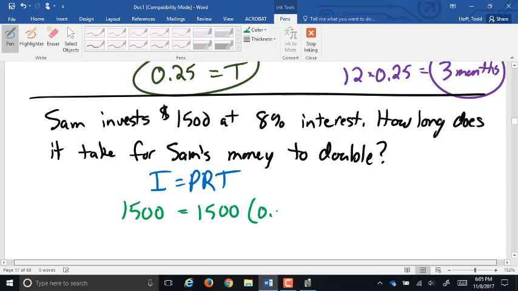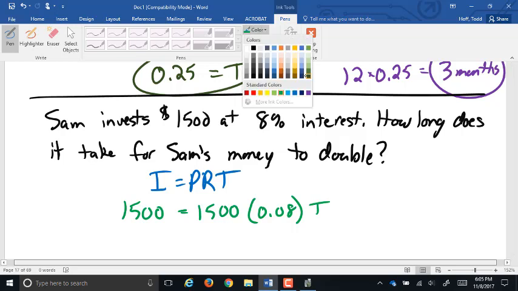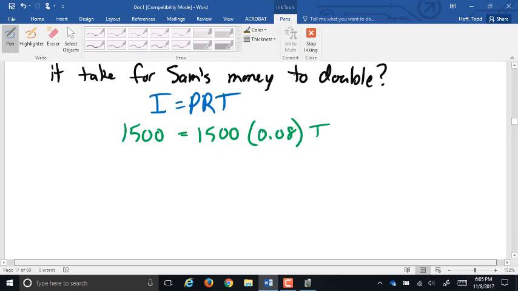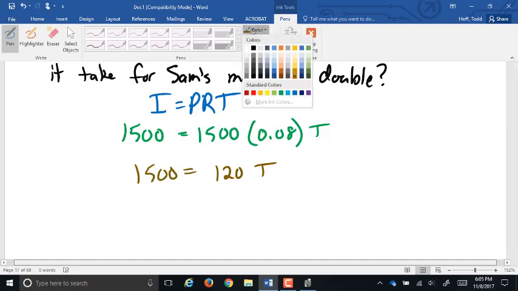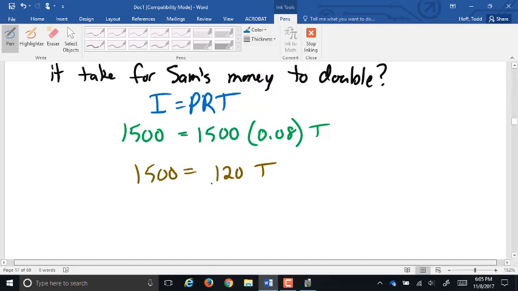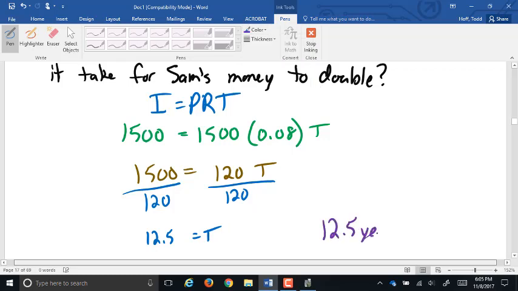The rate is 0.08, and we are looking for the time. 1,500 times 0.08 is what, 120? Then we divide by 120, and we get 12.5 equals T, and of course that stands for 12.5 years, or 12 years, 6 months.